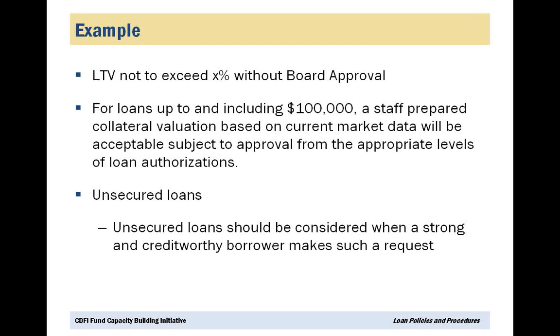But you need to talk about that in your loan policies. Here's an example where a lender said for loans up to and including $100,000, the staff can prepare a collateral evaluation. We'll accept that. And then they made a statement that said, unsecured loans will be considered. So just because we talk about collateral, we will consider an unsecured loan.